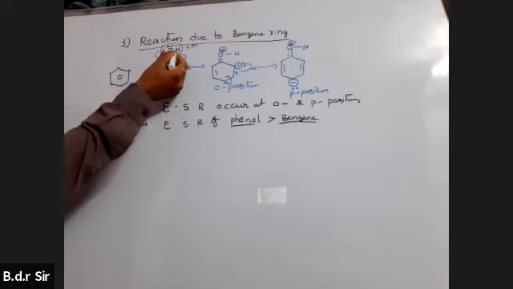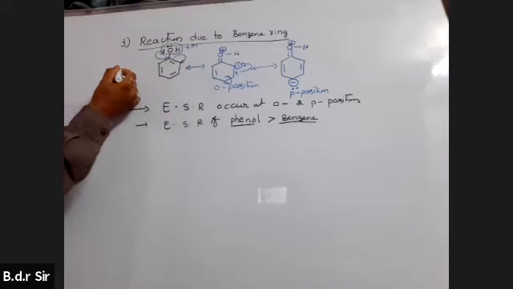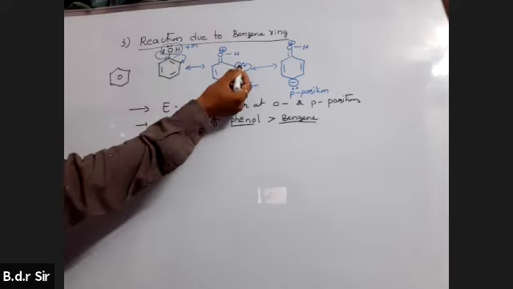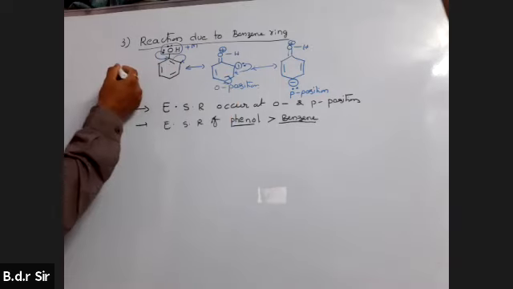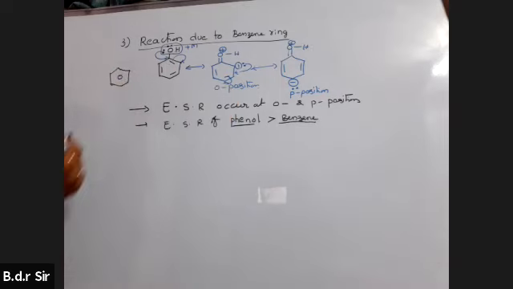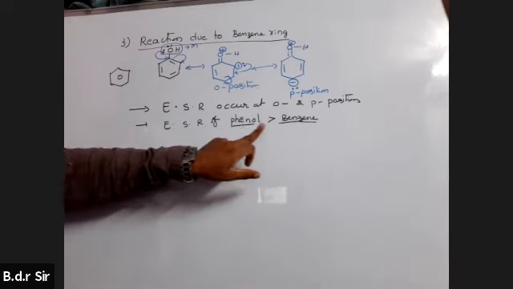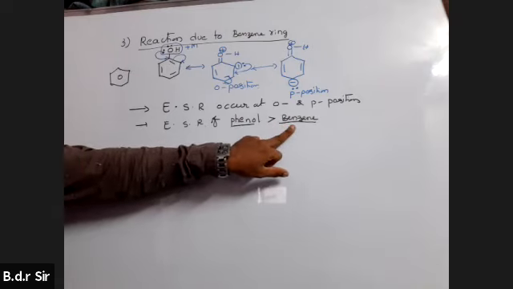Here in phenol, the OH group is present, a plus M effect group. That's why it increases the electron density at the ortho and para positions. In benzene there is no increase in electron density at the ortho and para positions. That's why the electrophilic substitution reaction of phenol is greater than benzene.